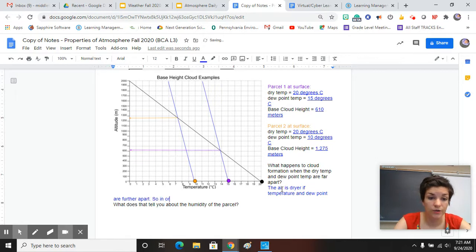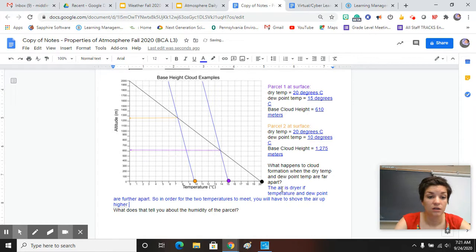So in order for the two temperatures to meet, you will have to shove the air up higher for the chunk of air to reach dew point temperature.